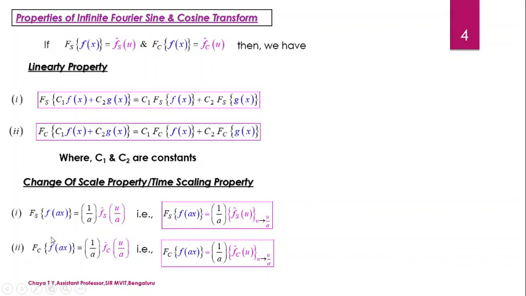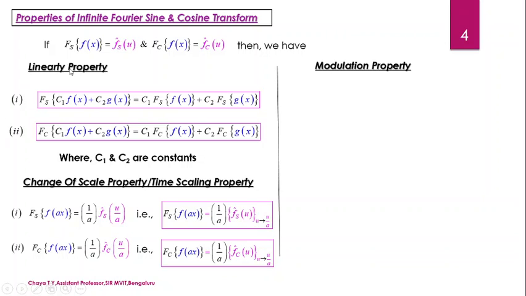So what is the Fourier cosine transform of f of ax? It is given as 1 by a times the Fourier cosine transform at u divided by a. That means first find the Fourier cosine transformation of the function f of x, which is denoted as fc cap of u. Into the definition, replace u by u divided by a and multiply the expression by 1 by a. You are going to get the required change of scale property for the problem.